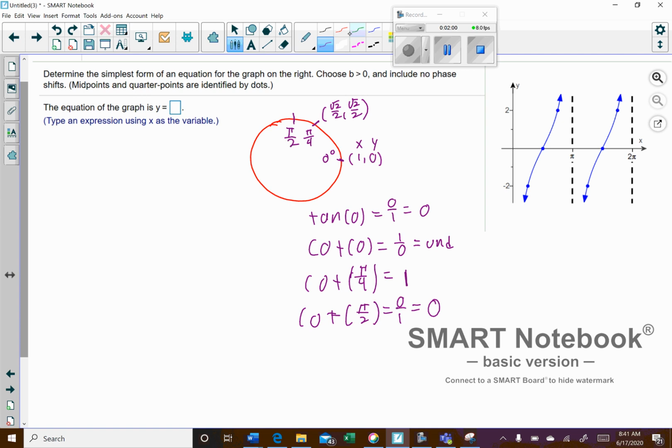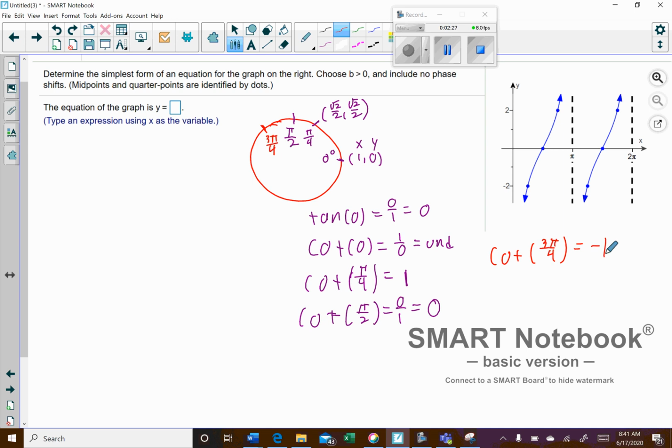And then if you continue over here to 3 pi over 4, one of your x values is going to be negative, so cotangent of 3 pi over 4 will give us a -1, okay?